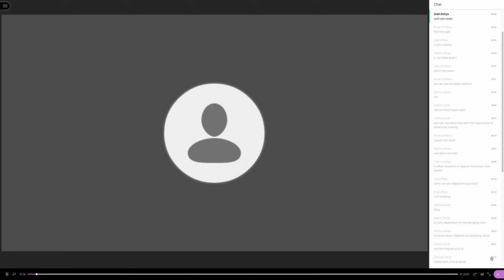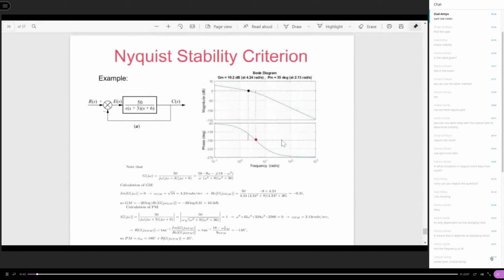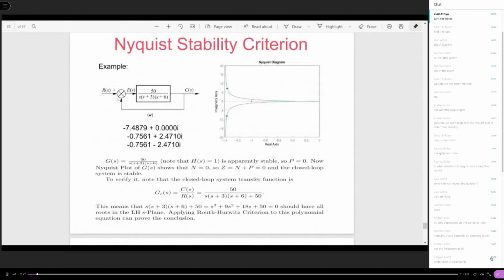This is the example that we talked about at the end of the last class. Basically, I showed you the different ways to apply the Nyquist stability criterion and the Rose-Hurwitz criterion.